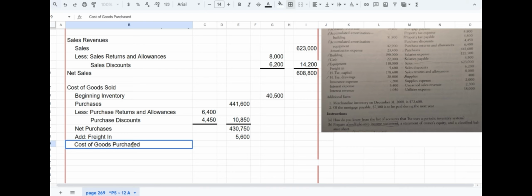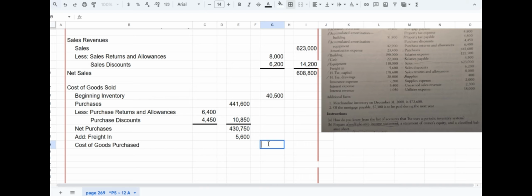So it's basically all the merchandise inventory that we have purchased. And this makes sense since we're adding the net purchases and freight in, which is basically kind of merchandise inventory. And we're going to put this in the third column, since after this we're going to calculate cost of goods available for sale.